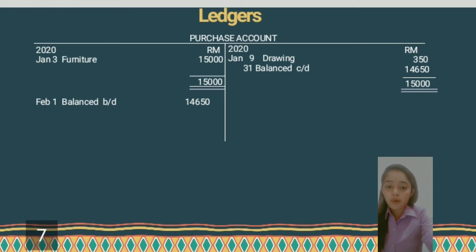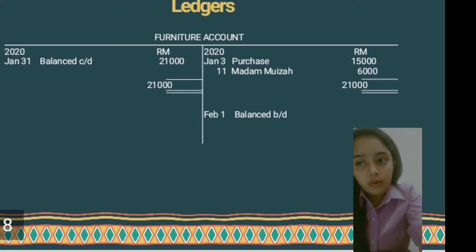So we have to open purchase account for that. We also required to open furniture account because the business purchased furniture from Sharikat TD for amount RM 15,000. So we also have to write the purchase in credit side for RM 15,000.